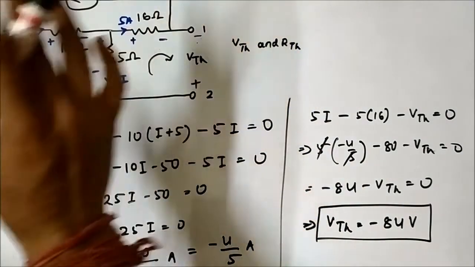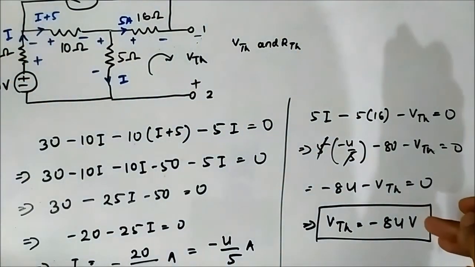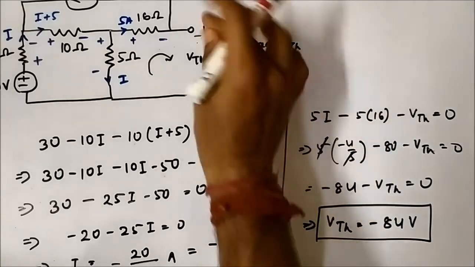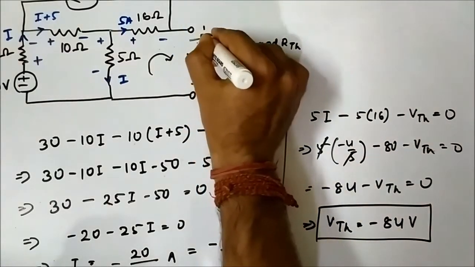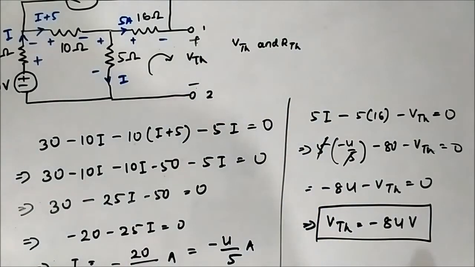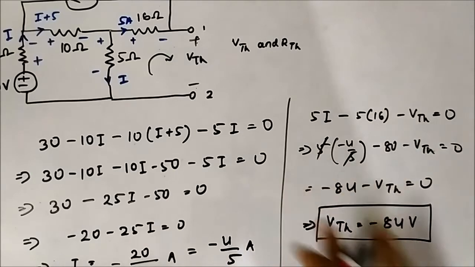If we had assumed this, then our answer would have been correct. Let us keep the plus minus, that is the proper convention. So plus minus VTH is equal to this. This is the answer.